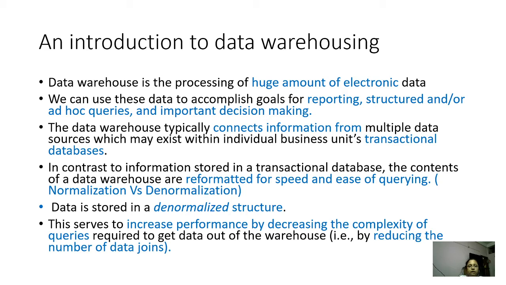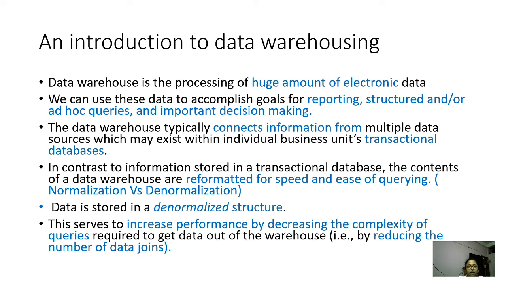Now, if we are going to create a data warehouse, then we have to collect the electronic data from these transactional databases. As we know, in the transactional databases we prefer to apply normalization on the data.